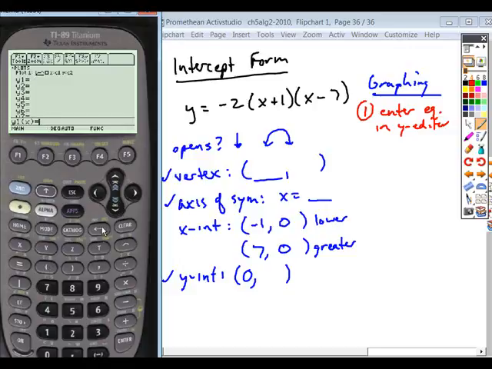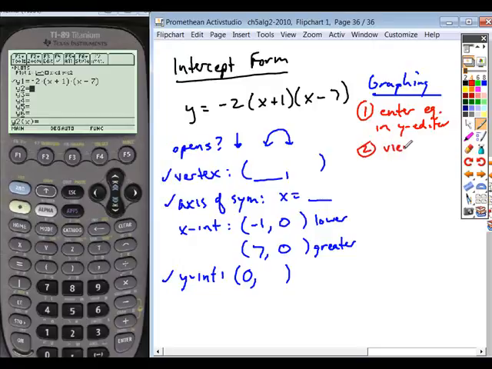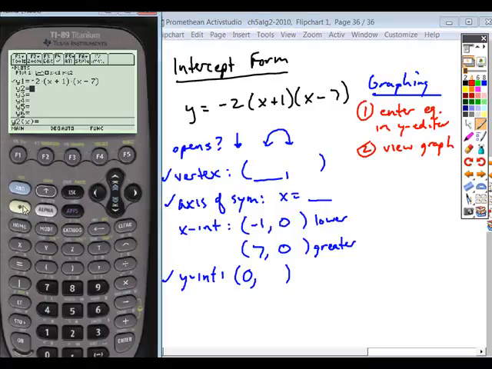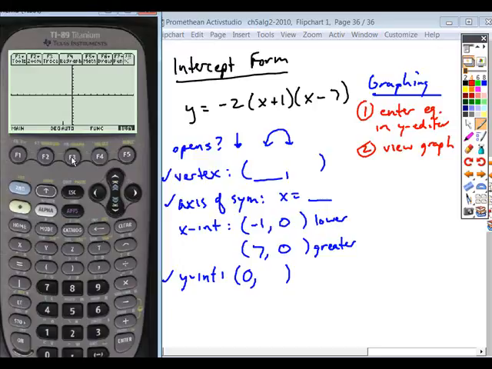And when we do, we can now view our graph. You have the same check system, depending on whether this fits the window or not. You might have to adjust your viewing window.